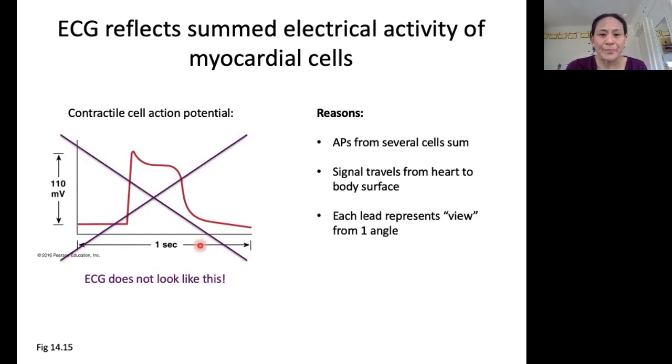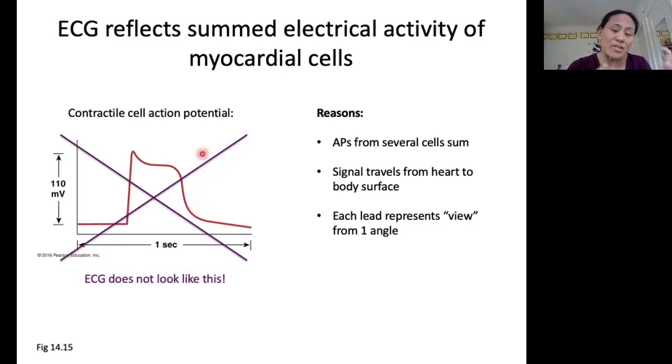And I think most importantly, each lead represents a view of the electrical activity of the heart from one angle. If you imagine looking at a person from the front, from the side, and from the back, they look pretty different from those different angles.